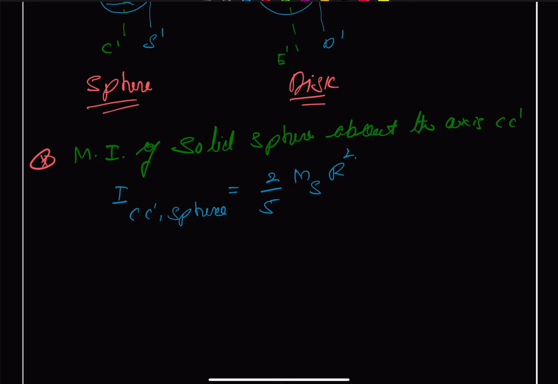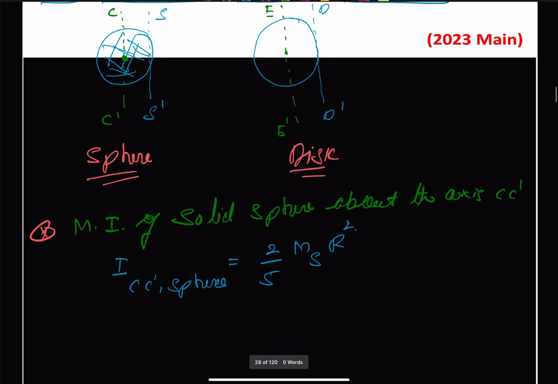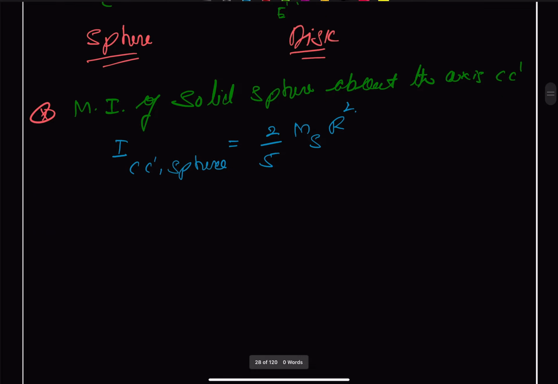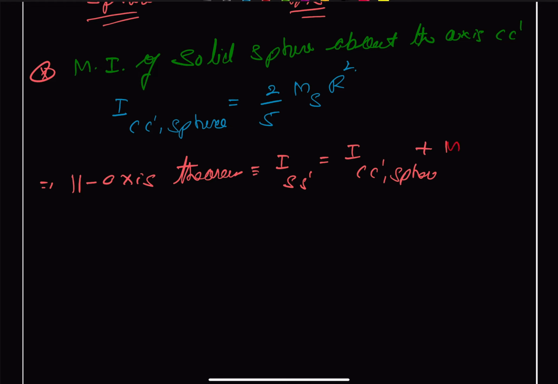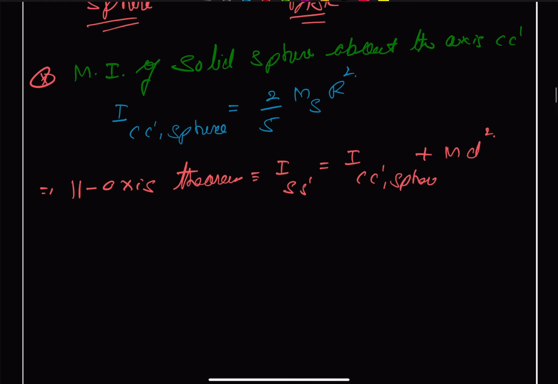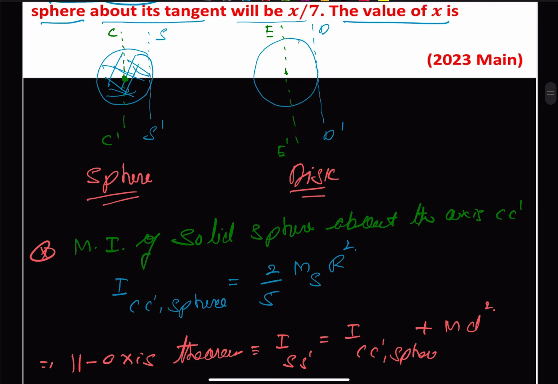Now we are going to use the parallel axis theorem and find out the moment of inertia about S prime. The parallel axis theorem gives us that the moment of inertia about S prime will be equal to the moment of inertia about the axis C prime for the sphere plus mass and distance square, and here the distance will be nothing but our radius.